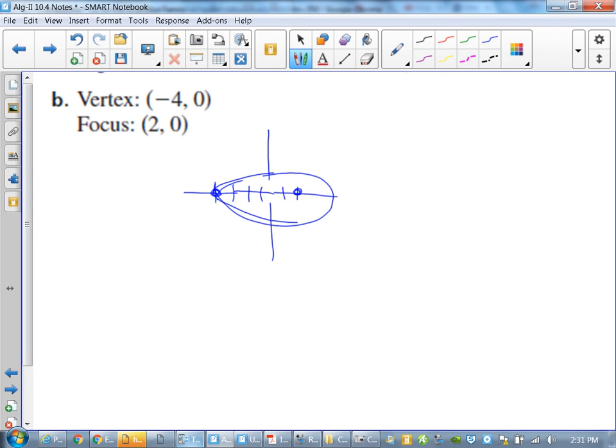Okay? So that means that my value of A, since we're at the center to start today, how far is it from my center to my vertex? 4. How far is it from my center to my focus? 2.